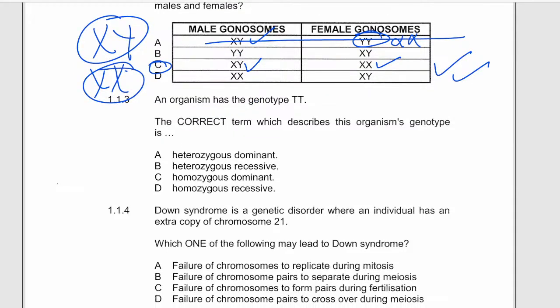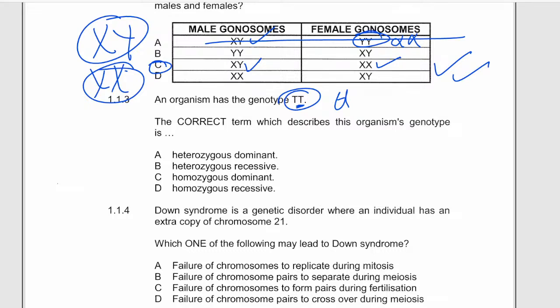An organism that has capital letter TT, that is the genotype. The correct term to describe the organism's genotype is capital T, capital T. It is because the same kind of letters or alleles, therefore we shall call them homo. But because they are dominant, if it was small letter, then it's a different story.